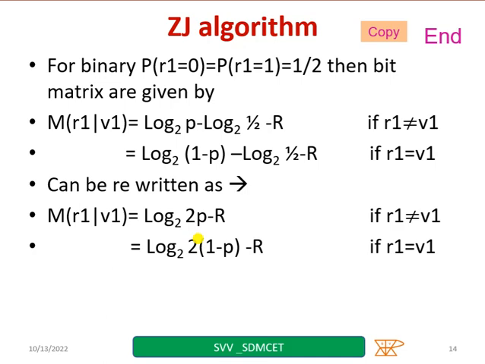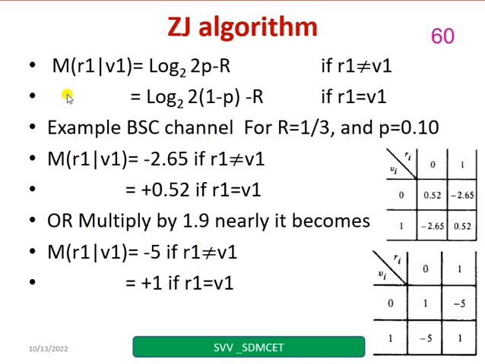Now, considering the binary symmetric channel, R equal to 1/3 and P equal to 0.10, you can pause the video and calculate M of R1 given V1 using this equation. Fill in these values and you will get minus 2.65. Again fill the values in this equation and you will get plus 0.52.